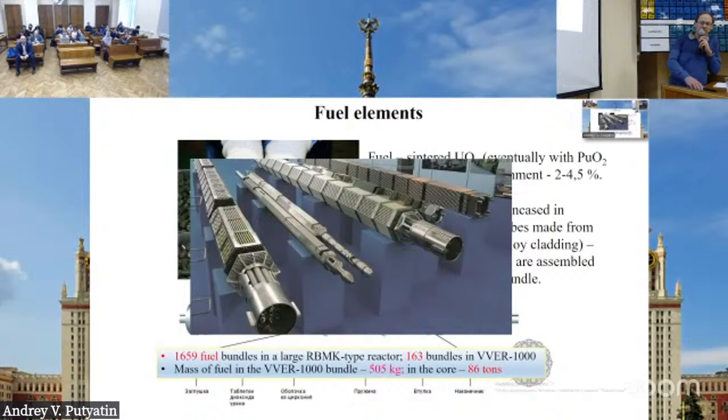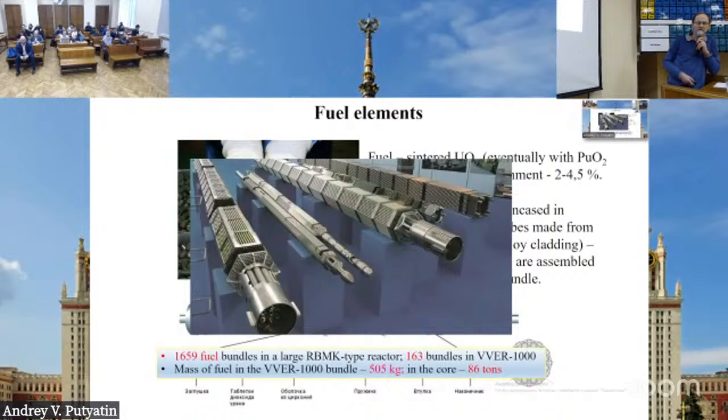And just to understand the scale, you see that, for example, in a large RBMK type reactor, like in Chernobyl, the number of fuel bundles was quite significant. The core of the reactor was fairly large. Nowadays, in VVR type reactors, the core is somewhat smaller, but nevertheless, the total mass of fuel in the core is quite considerable.